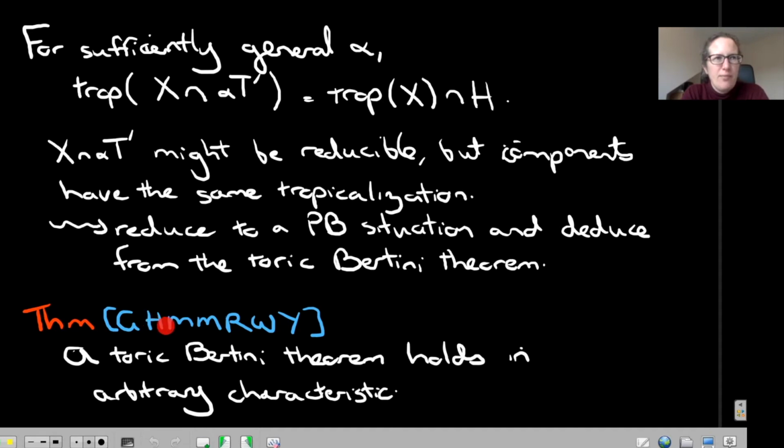So Francesca, Milena, Fatima, Jenna, Ashley, and Josephine and I were all together at BAB at a Women in Commutative Algebra workshop, and we decided to think about removing this characteristic hypothesis. So what I want to tell you about now is a different approach to the Toric Bertini theorem that holds in arbitrary characteristic.